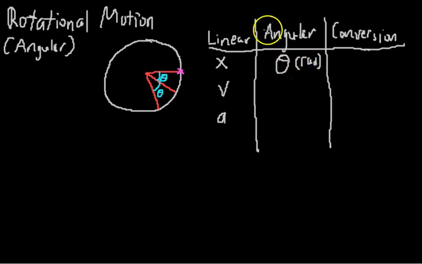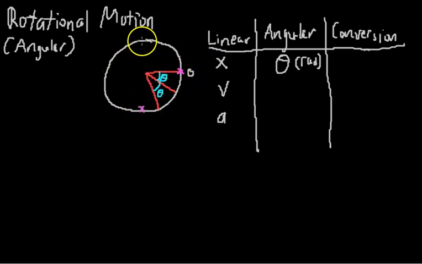So angular position is given by theta. For instance, I could label this as 0 radians right here if I wanted to, and then this would be some other angle here and so on. And by the time I get down to right around here, we would be at a position of pi over 2 radians. So that's how we would measure the rotational distance or angular distance.